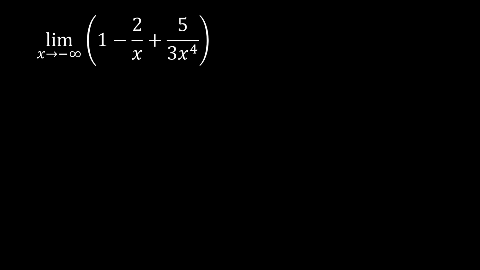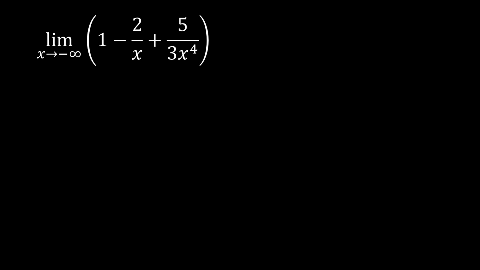Another example here is the limit of 1 minus 2 over x plus 5 over 3x to the power of 4. First we can apply the limit laws for sum and difference.